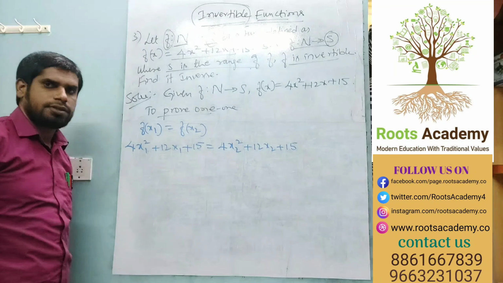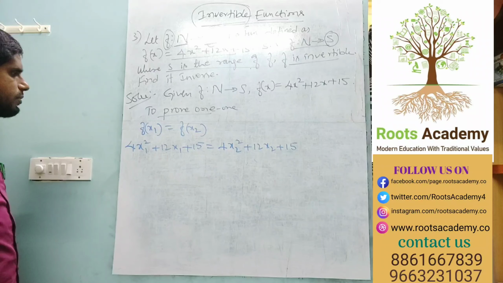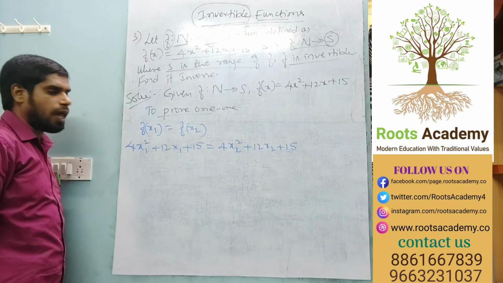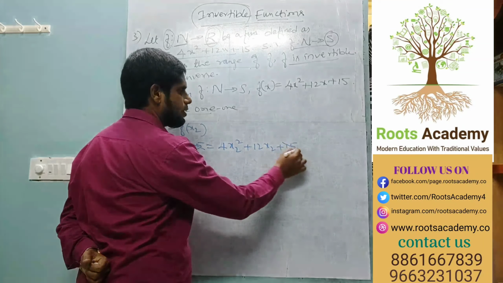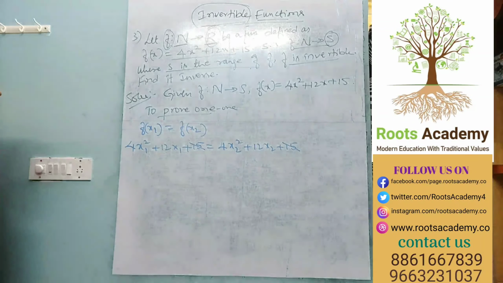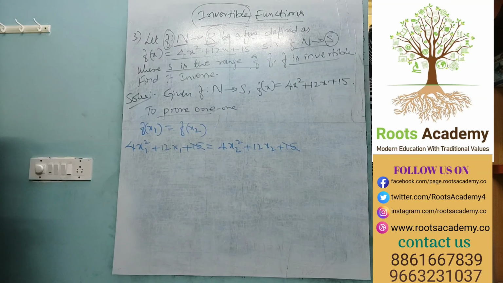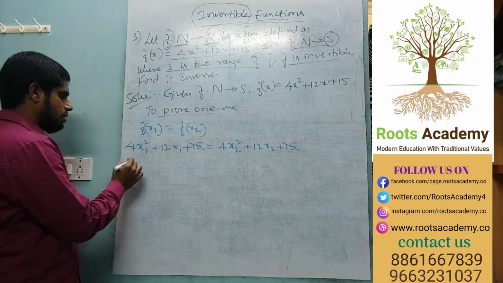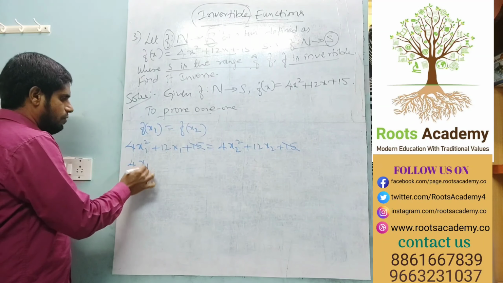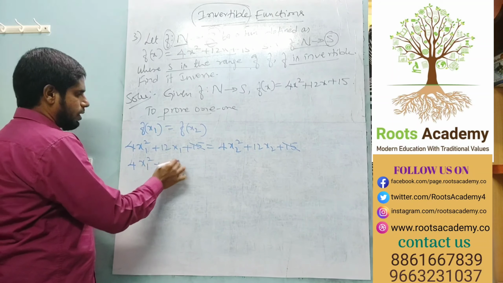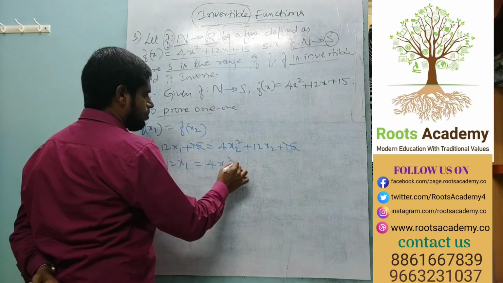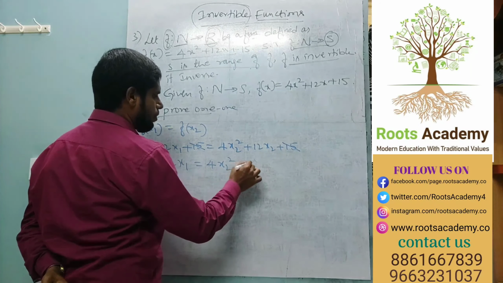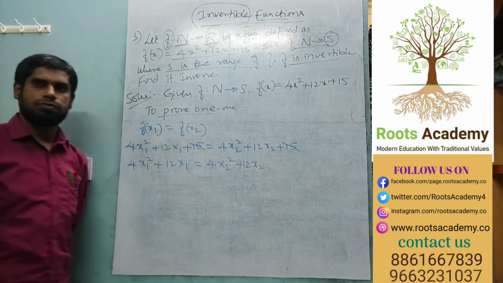Now student, here first we should try to cancel plus 15 and plus 15. Okay, this gets cancelled. So what will we have? 4x1 square plus 12x1 is equal to 4x2 square plus 12x2.